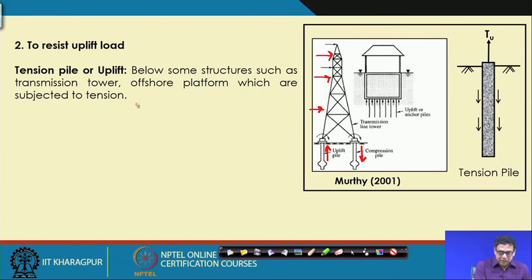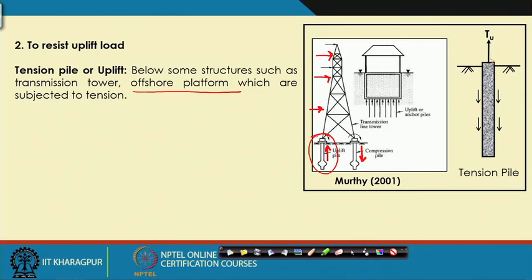Similarly, an offshore platform is also subjected to tension load. If there is an offshore structure, it will also get tension load. For a tall tower or chimney, because of the wind load, we will get tension on one side of the pile and compression on the other side.